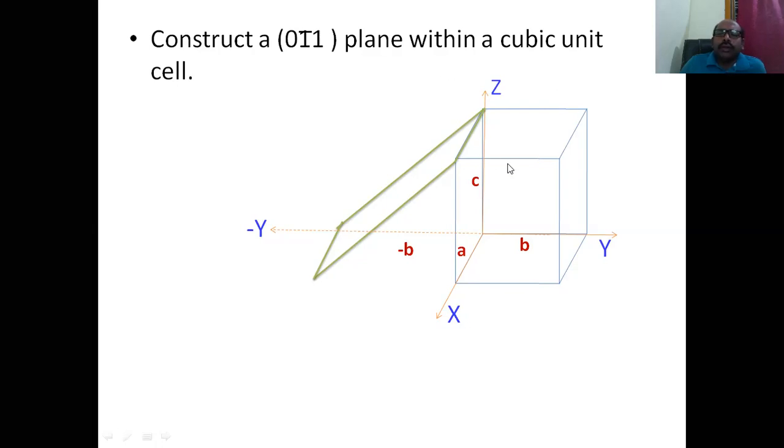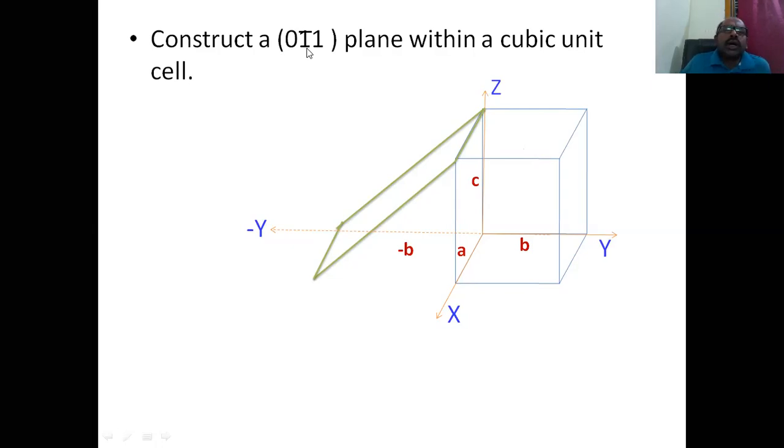For that we take one cubic unit cell. The 0 means no x-related coordinate, that means no intercept on the x-axis, so it intersects at infinite.